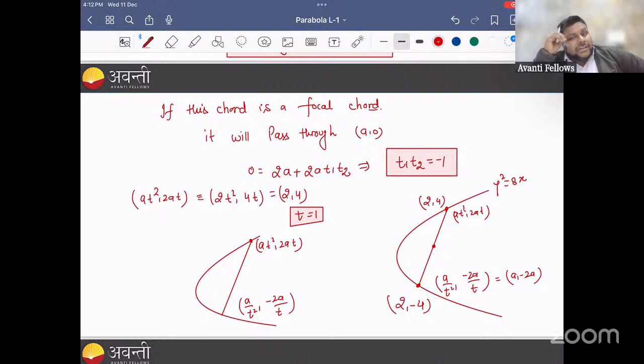If one parameter is t, then the parameter of the other end of the focal chord is minus 1 by t. So if one coordinate is (at square, 2at), the other coordinate will be (a upon t square, minus 2a upon t). Am I clear?